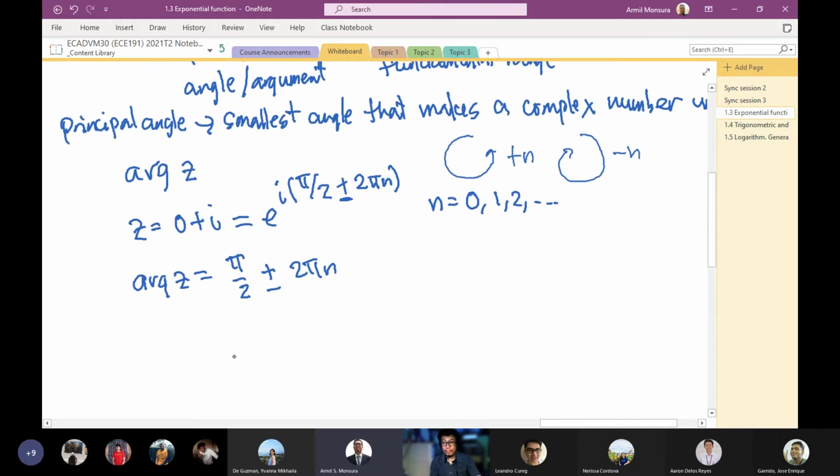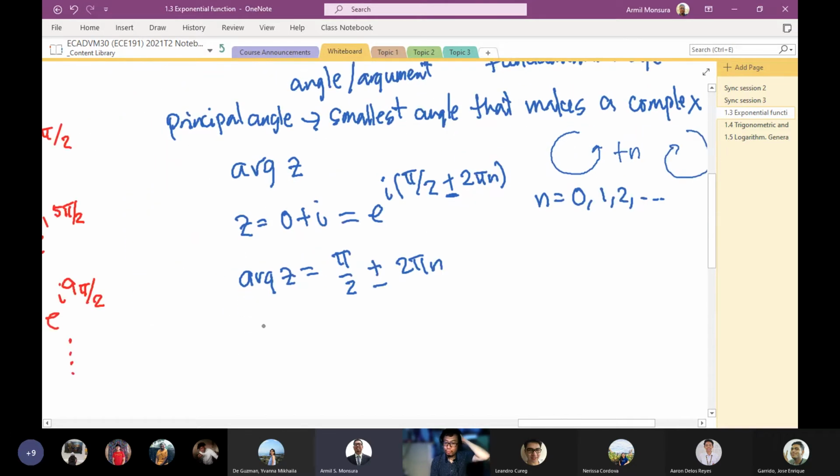But if we actually want just to refer to the principal argument of pi over 2, ibig sabihin ito lang yung gusto nyong kunin, we will use the function Arg with an uppercase A. So if I make this uppercase, that means I'm referring to the principal argument.